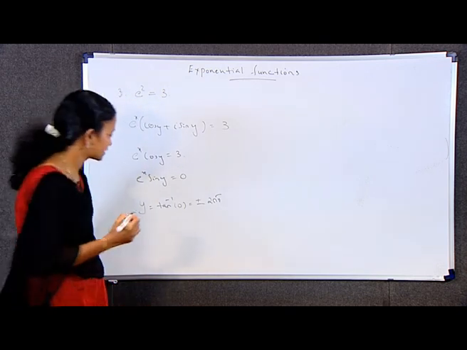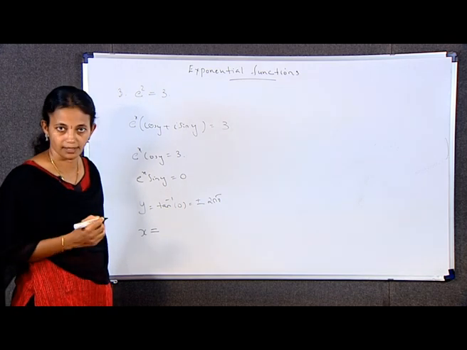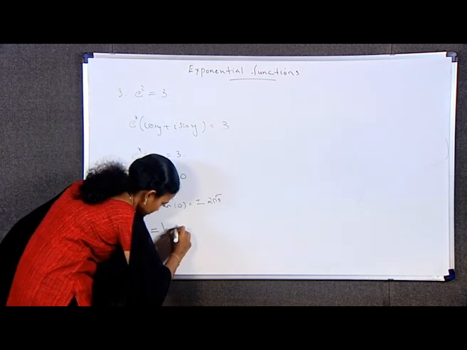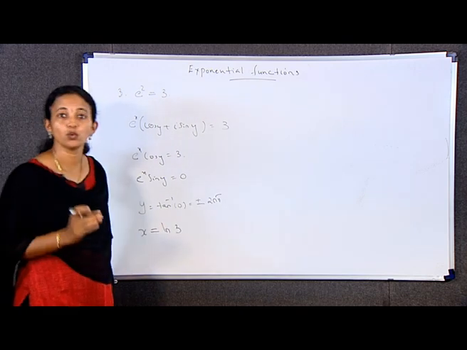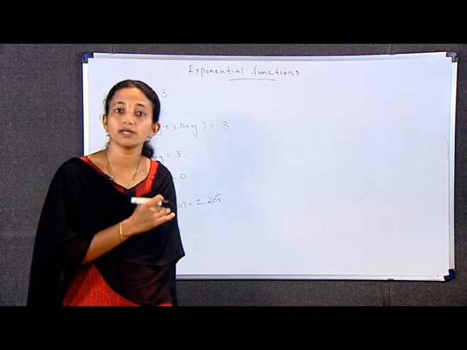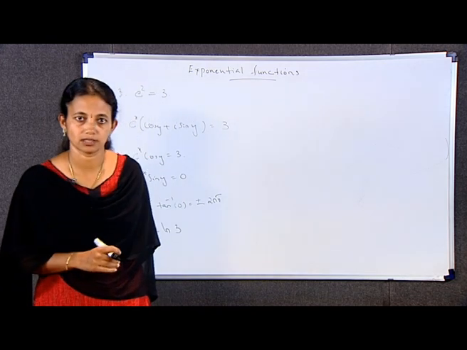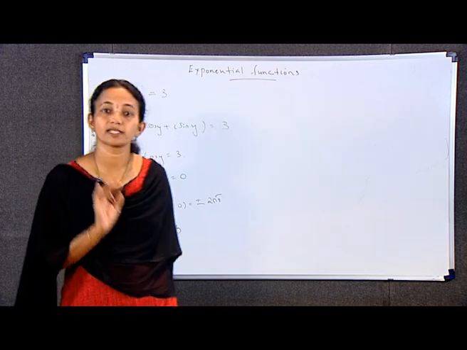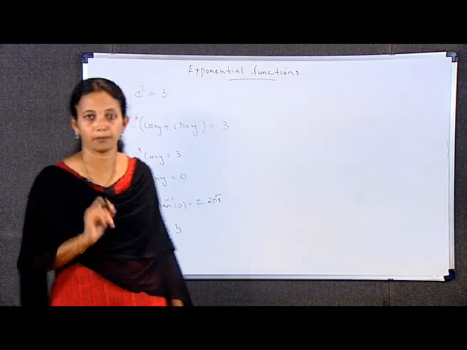Which implies x is equal to what? ln 3, and y is equal to plus or minus 2n pi. Here ln 3 is the natural logarithm of 3 used in real calculus, which implies z is equal to x plus iy is equal to ln 3 plus or minus 2n pi i.